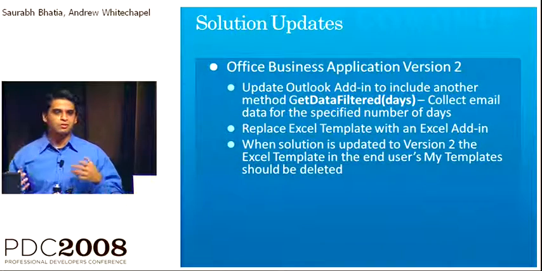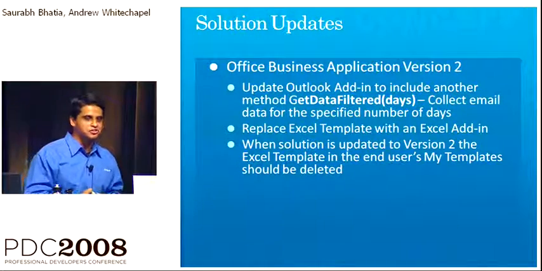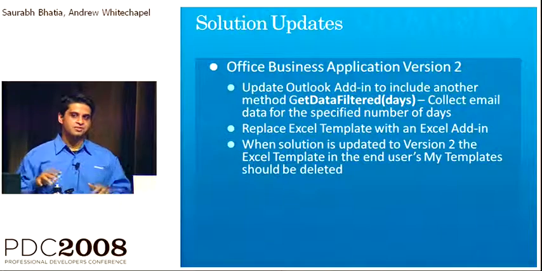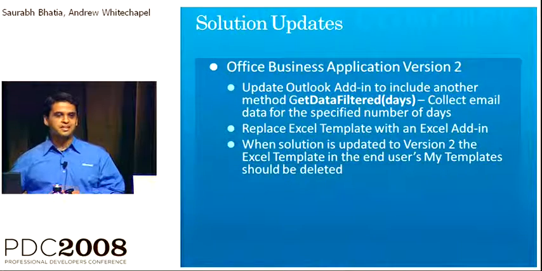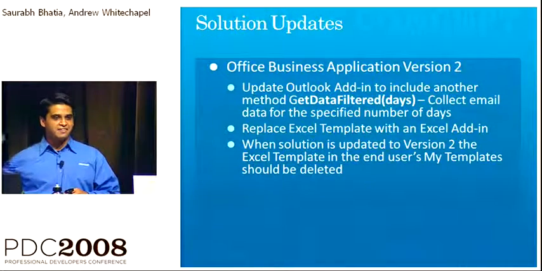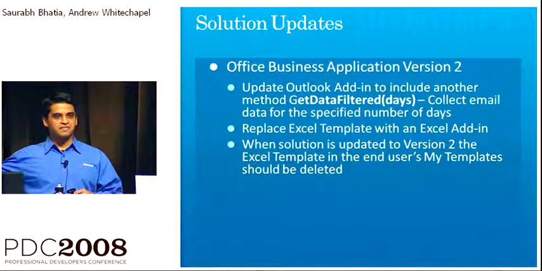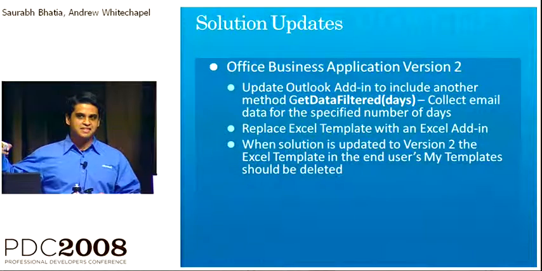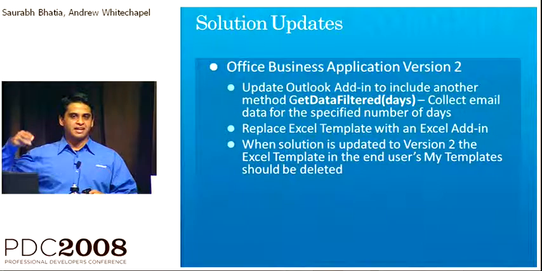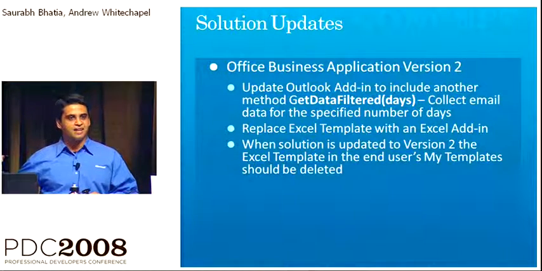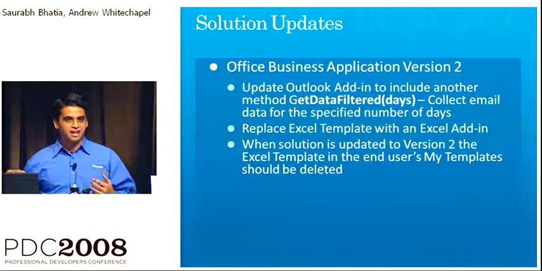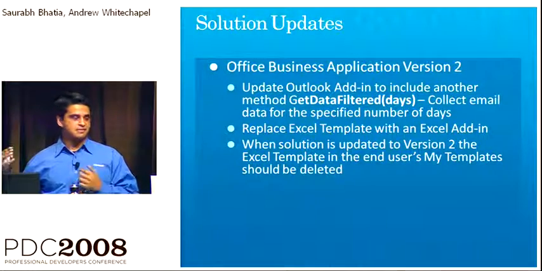You just think that's a more robust way of implementing your solution. So what you want to do now is go from version 1 to version 2. And in version 2, you're going to replace the Excel template with an Excel add-in and use the new function defined in the updated Outlook add-in to filter the data that you get by the number of days.